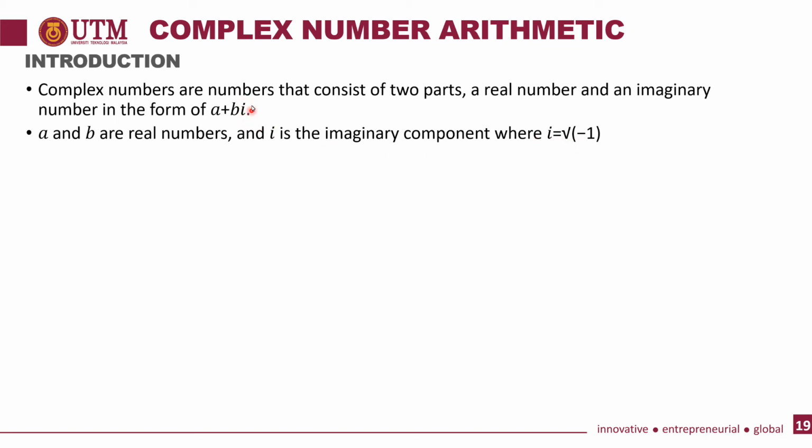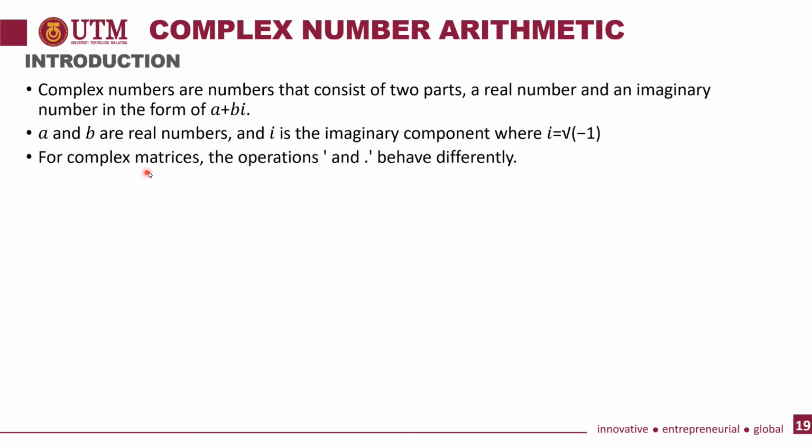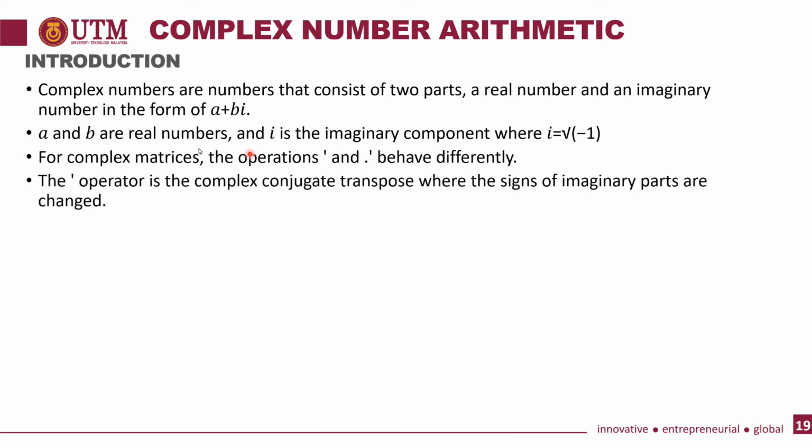In MATLAB, the i character is introduced as the imaginary part of a complex number. For complex matrices, the transpose and dot transpose operations behave differently. So what is the difference between transpose and dot transpose?